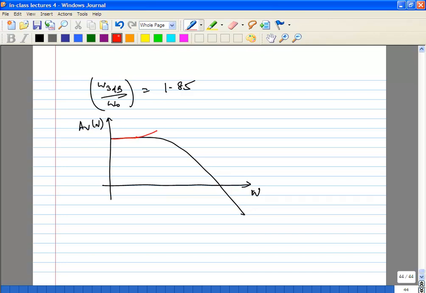Eventually your zero starts to add some increase in the magnitude response, and then it goes down. So if the original bandwidth was omega naught, your new 3 dB bandwidth is going to be 1.85 omega naught.